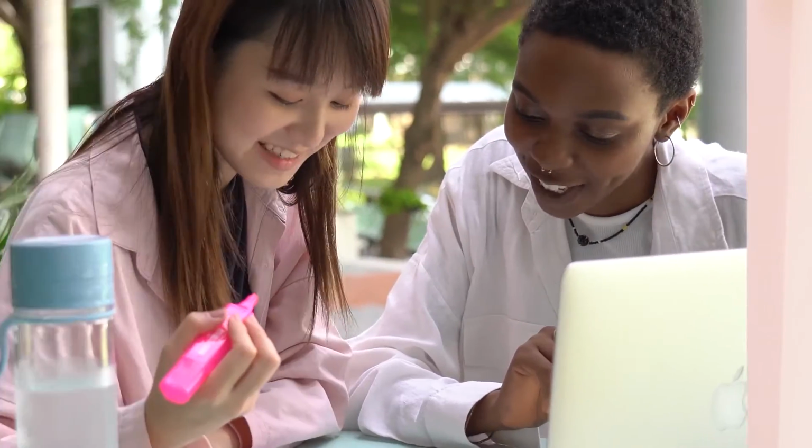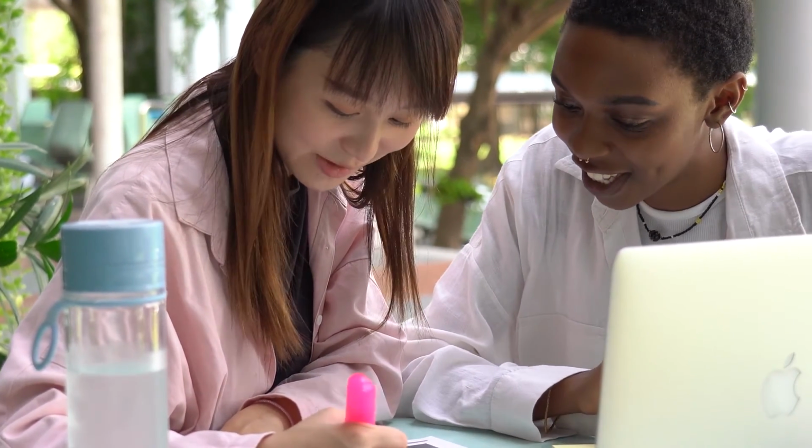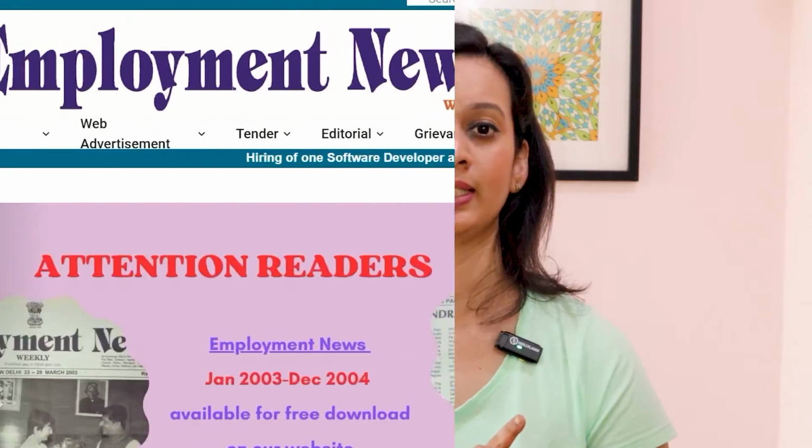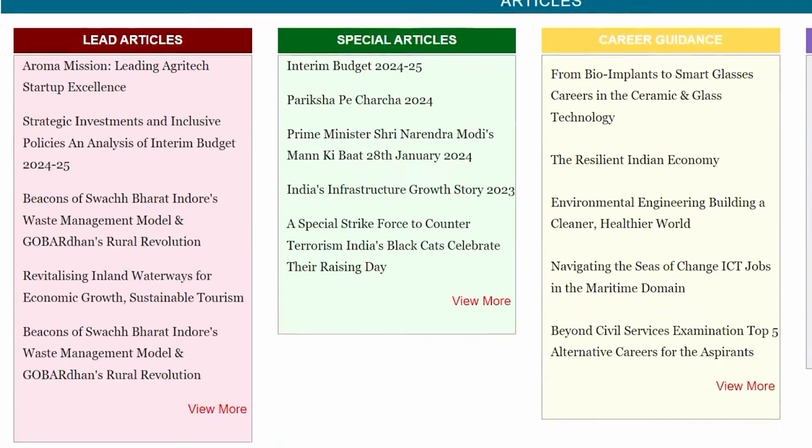The next option is Employment News. If the university is centrally funded, or even if it is not centrally funded, like a private university, the posts are most likely advertised in Employment News. There are offline as well as digital editions.